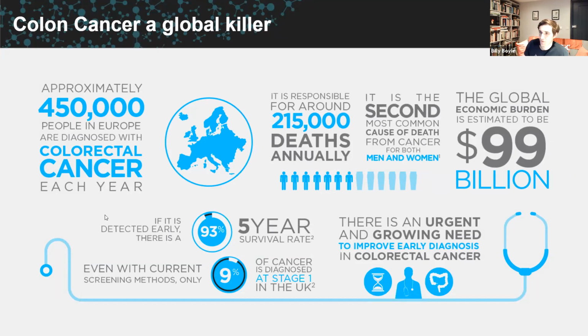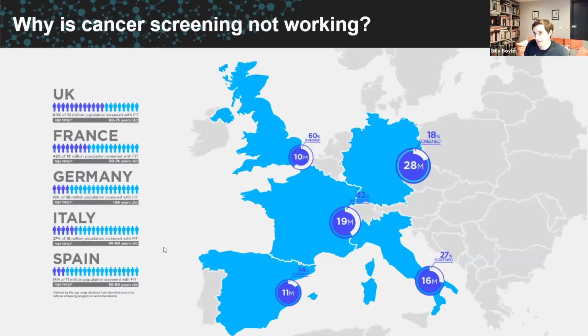The amount of people who are diagnosed late, and when you look at something like colon cancer, it kills 215,000 people every year, costs $99 billion of investments, and actually, for colon cancer, it's probably better than other cancers because there's actually a screening test available for it. But part of the challenge is that even with the screening tests that exist today, too many people are still diagnosed at that late stage.